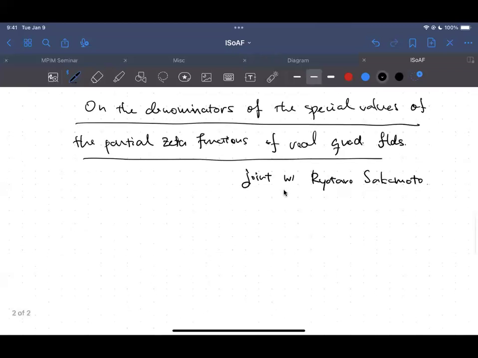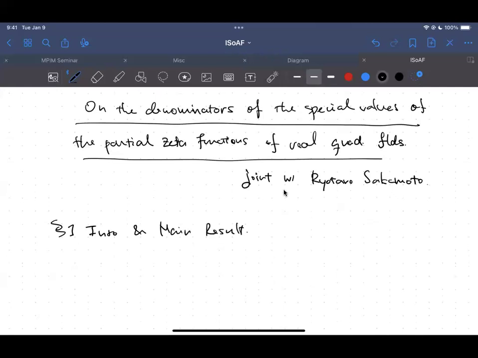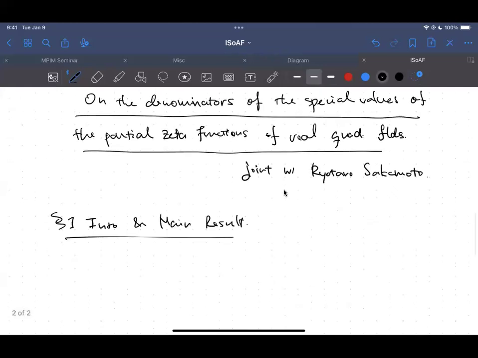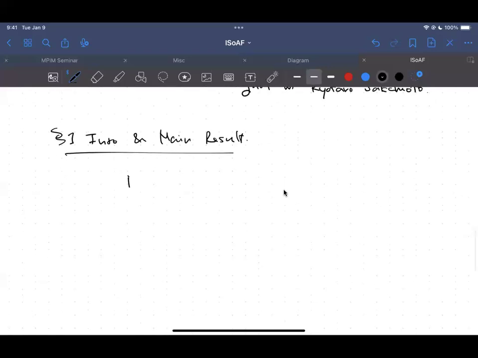Okay, so then I will start with the introduction and explain the main results. Let F be a real quadratic field, for example Q adjoin square root of 5, and let O be its order.